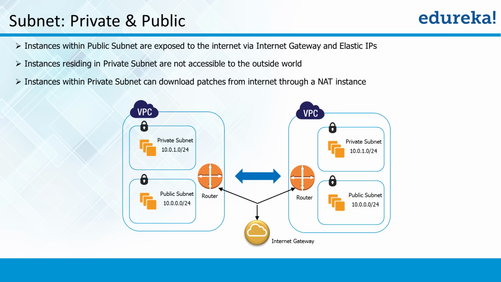And the internet gateway is the one that determines whether a subnet is public or private. So if a subnet has an internet gateway in its route table, then it's a public subnet. Otherwise, it's not. So please remember, the internet gateway is the only thing that determines if a subnet is public or private.